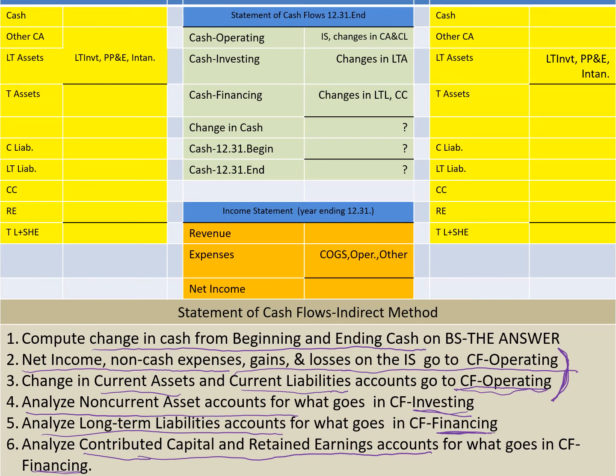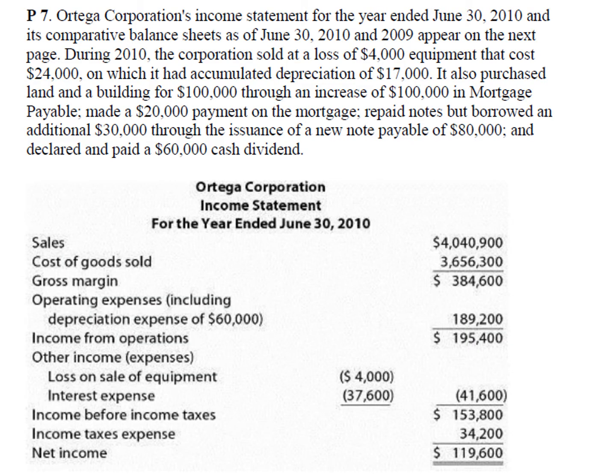The difference is found in the operating section, because under the indirect method, you're basically taking the accrual-based net income and converting it into cash from operations, or operating activities. So let's try one. Here's a company, and it tells us a whole bunch of information up here.